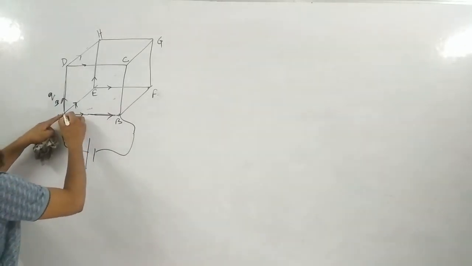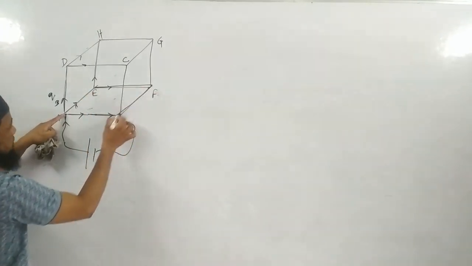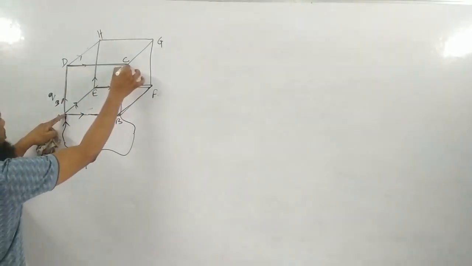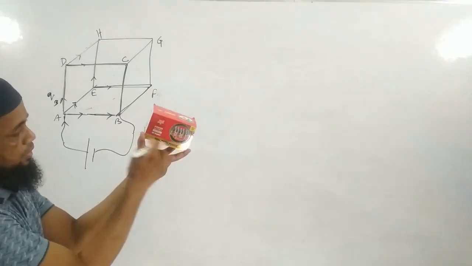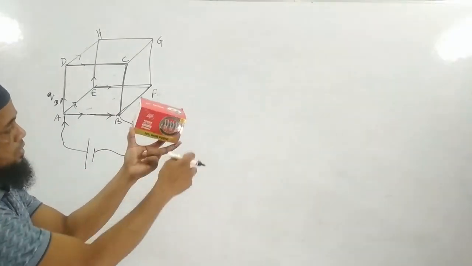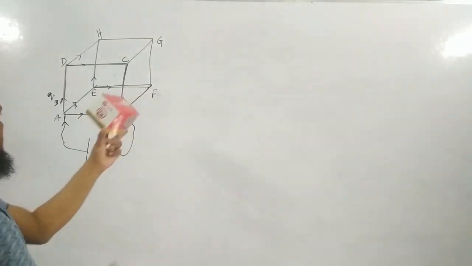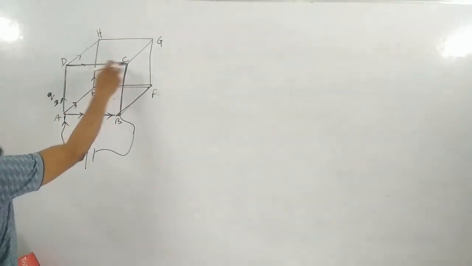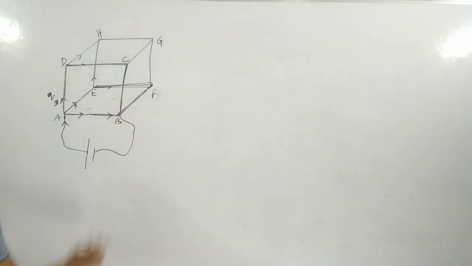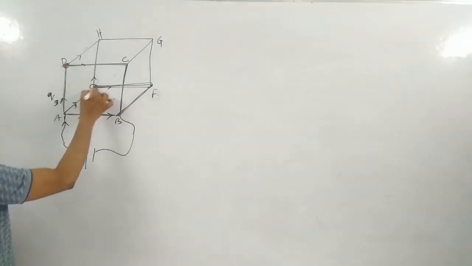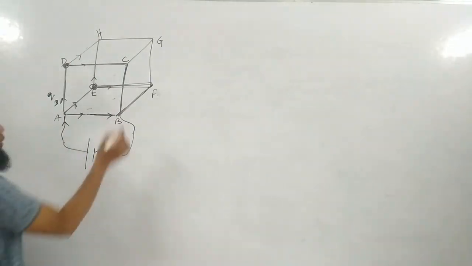See now, if you go this particular path and this particular path, and a box you can understand between these 2 points, I am connecting the battery. This path and this path are completely identical. So that is why point D and point E are identical points.